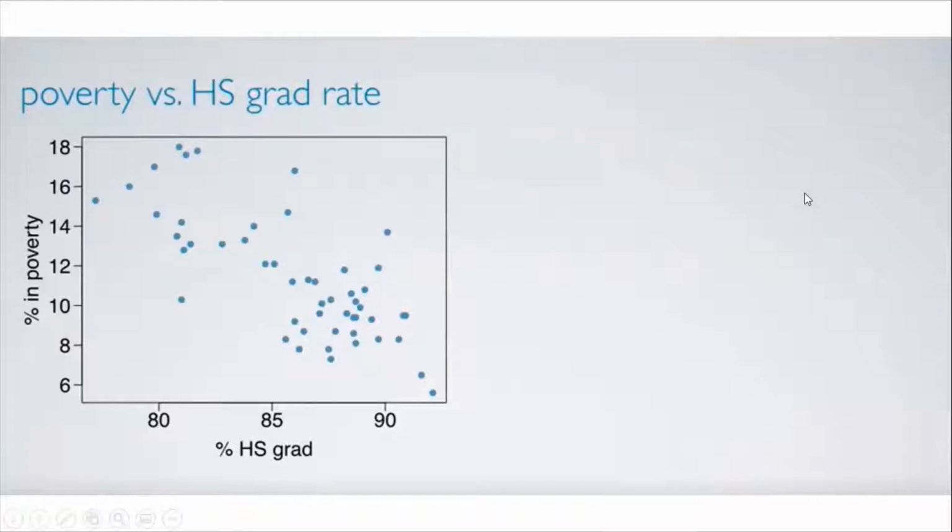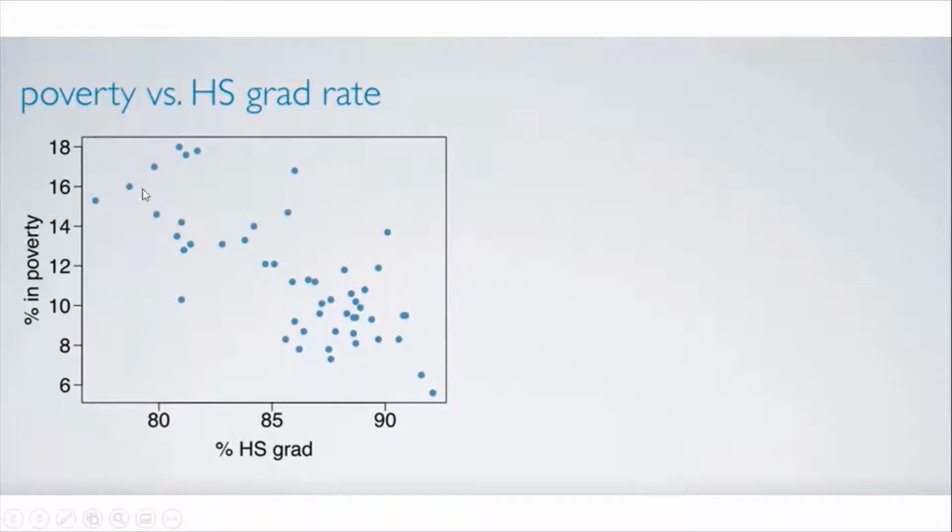Okay, so let's look at this data. This data is from the United States in 2010. They looked at the percentage of high school graduates among the states of the United States, and also the percentage in poverty, and then they made a scatter plot.